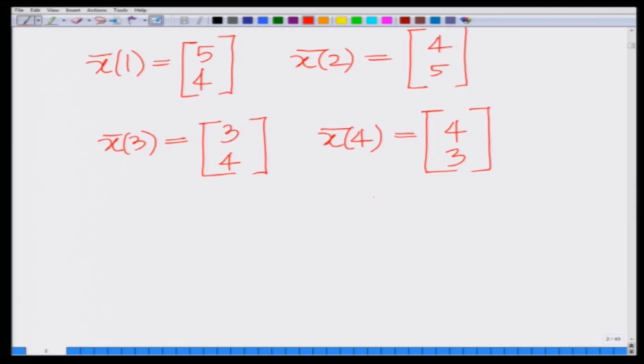Okay. So naturally corresponding to these 4 pilot vectors, there are going to be 4 received symbols.